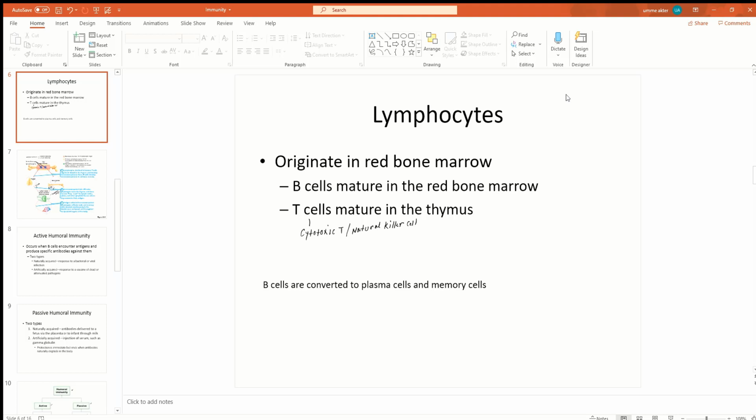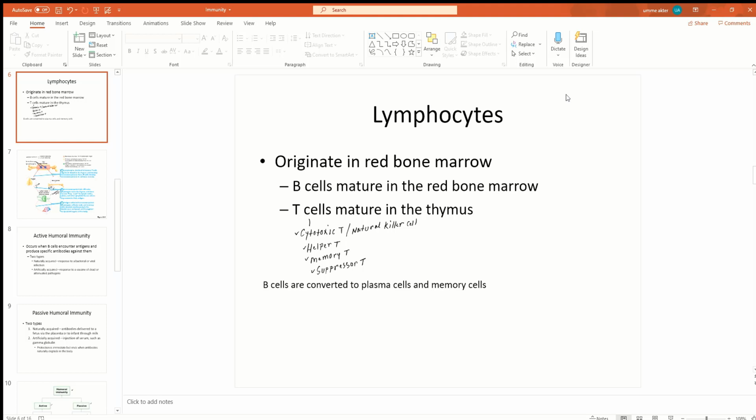Another type of T cells are helper T cells. Okay, and then another type is memory T cells and suppressor T cells. So those are four different types of T cells.